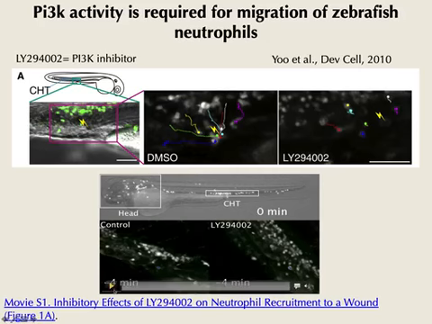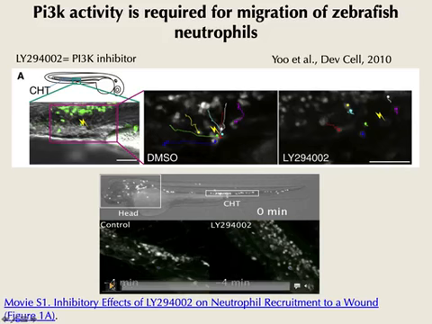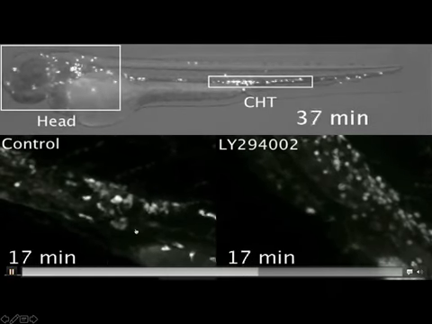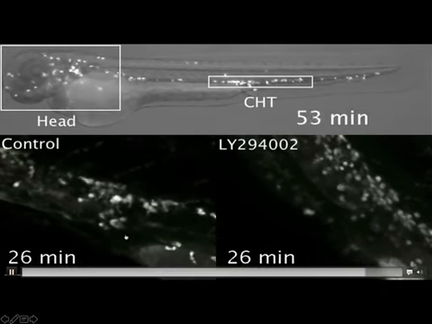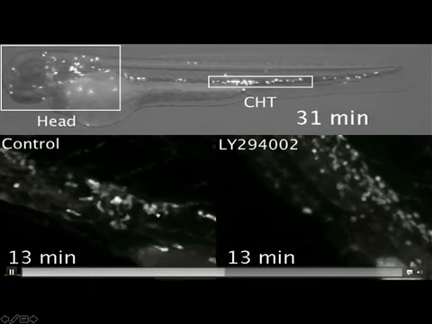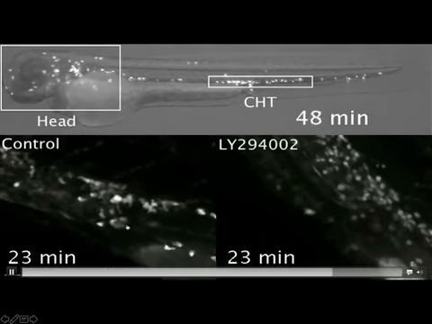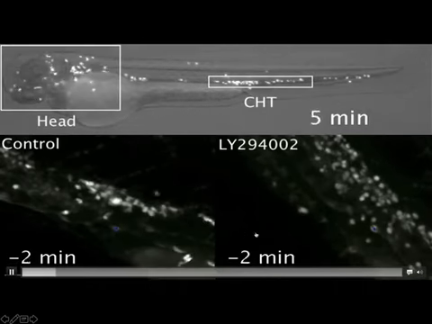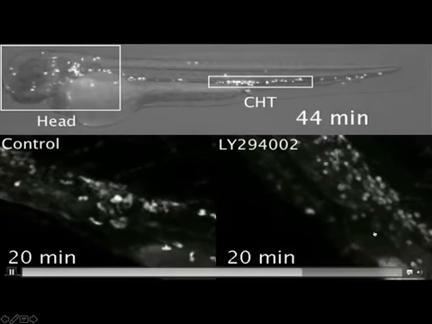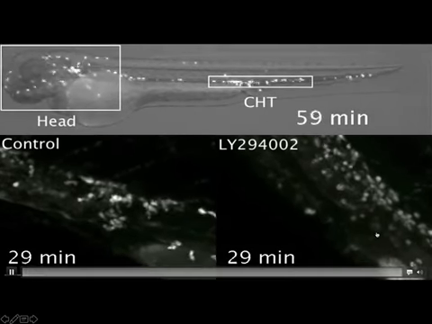So let me just play the movie and then I'll tell you what this is. Okay, look at it. It's going to play again. Here, you see the wound is the blue dot. The wound is made and they literally jump to help take care of the wound. So they contribute to the healing. And here, you make a wound and nothing happens.